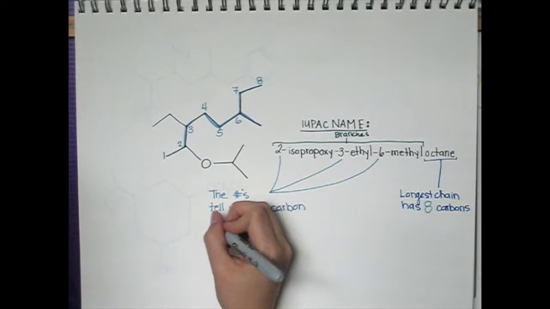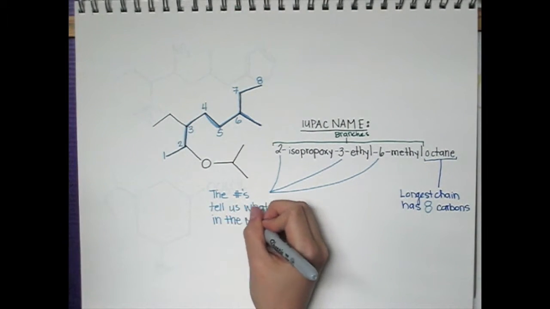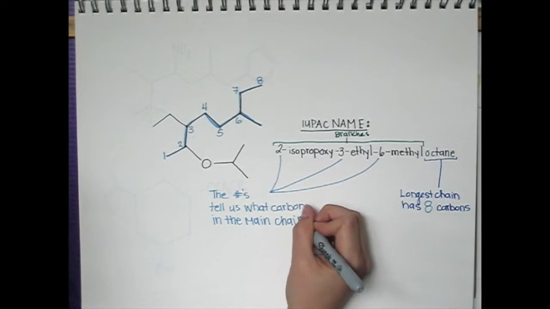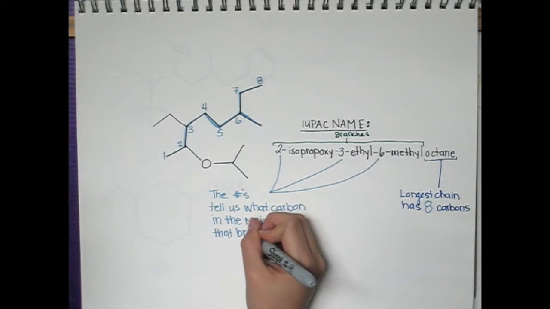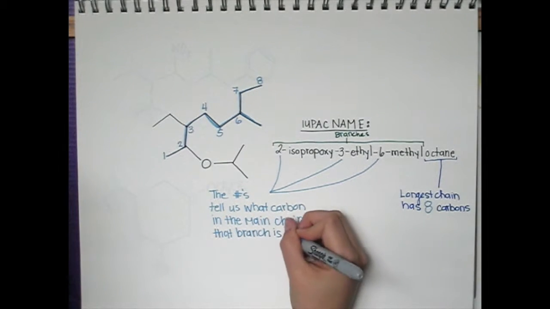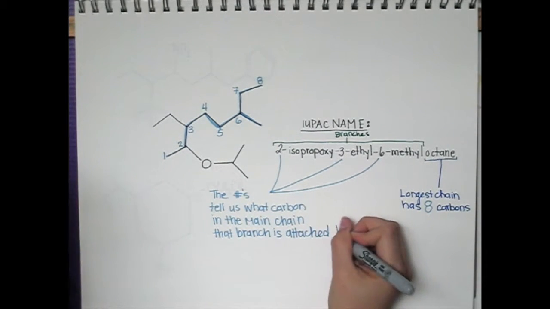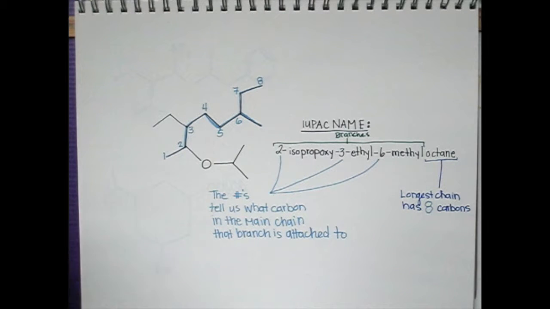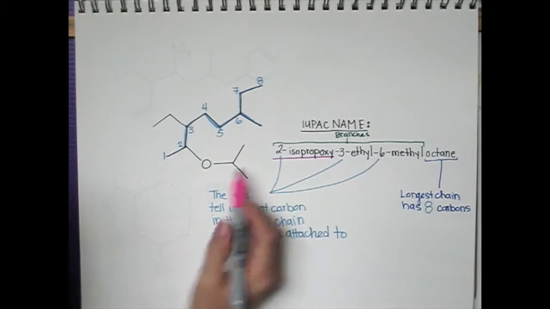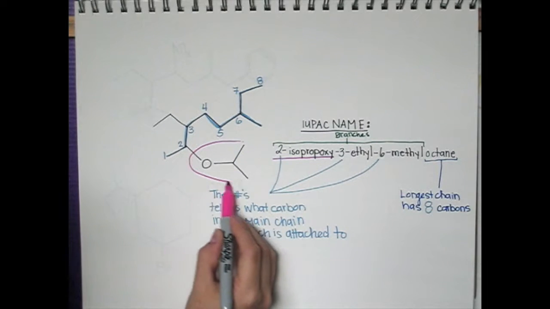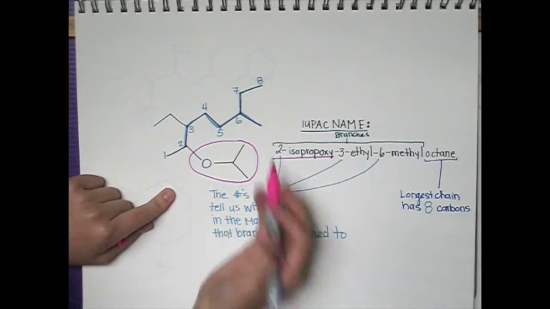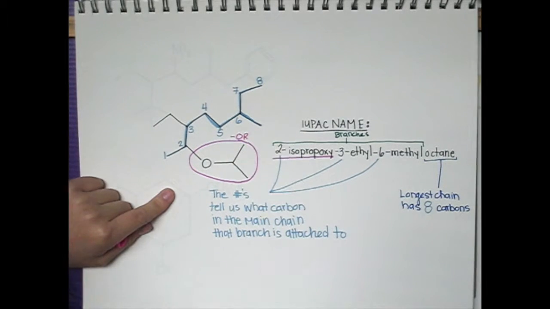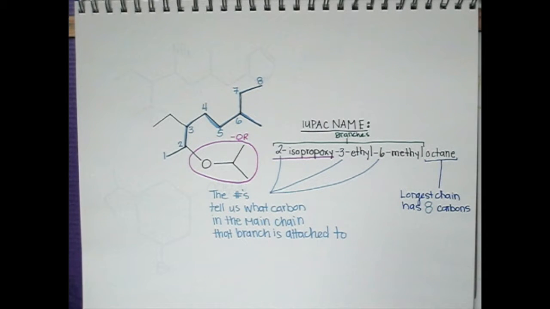So let's start with 2-isopropoxy. So it's an alkoxy and it's an isopropyl alkoxy that comes off carbon number 2 from the main chain. So that's the isopropyl, there's the oxy, so it's called isopropoxy.